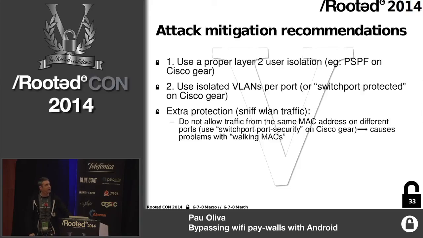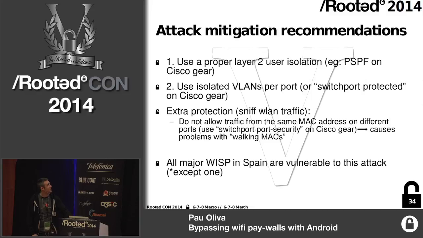To mitigate this, we can enable port security on the switch, which avoids a MAC being seen on different ports. This has some trouble. It doesn't allow a user to move around between different hotspot access points, but it mitigates the previous failure.